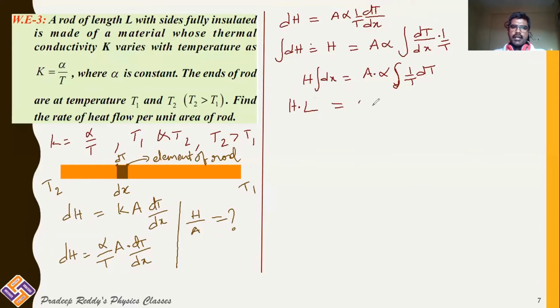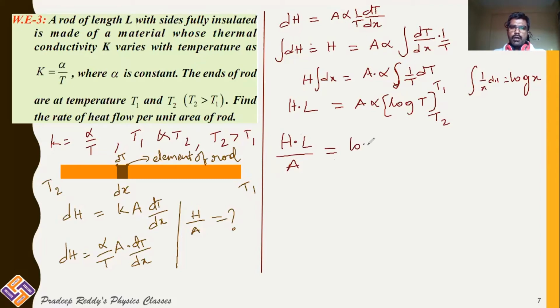This is A alpha, 1 by T, integration 1 by x dx is equal to log x. So here 1 by T integration dT will be equal to log of capital T, and temperature is varying from T2 to T1. So H into L divided by A is equal to log of temperature T1 minus log of temperature T2.